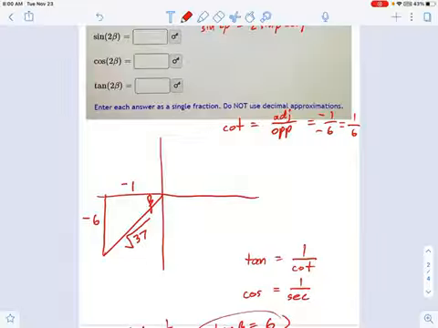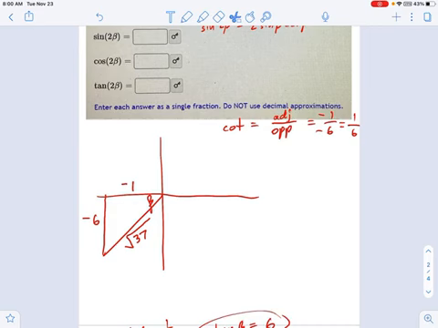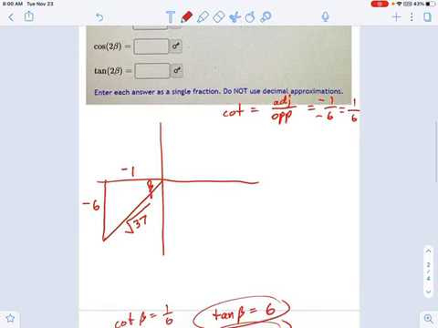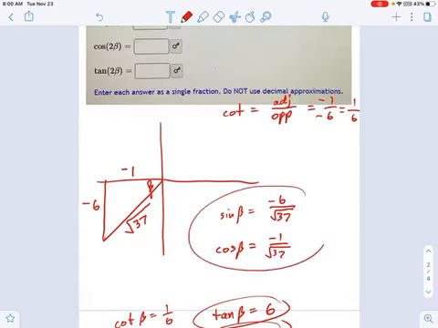And now I can finally say what sine and cosine are. Sine of beta equals negative 6 over radical 37, and cosine of beta equals negative 1 over radical 37, according to all that unit circle stuff and SOHCAHTOA.